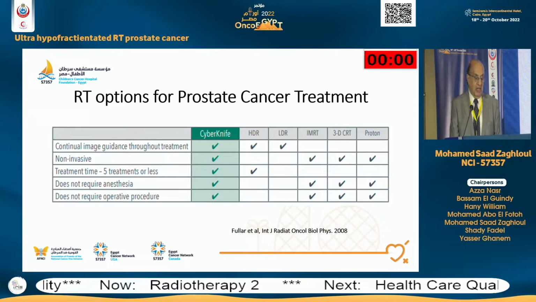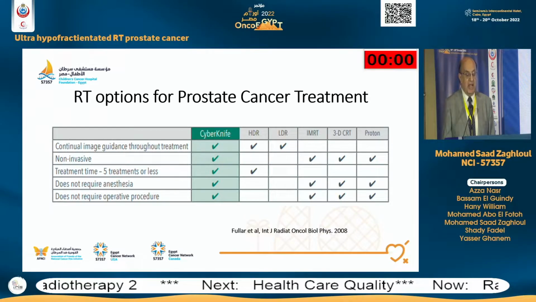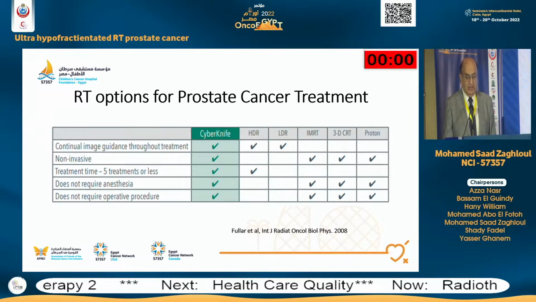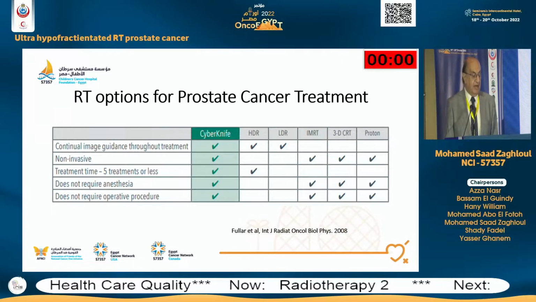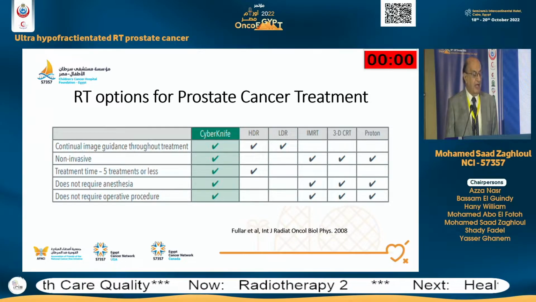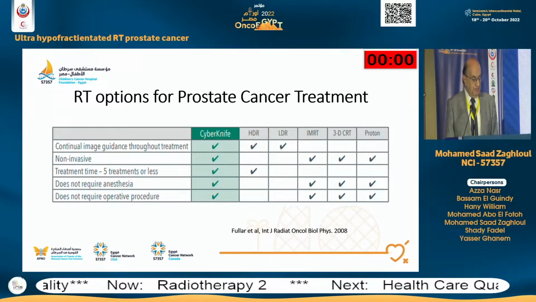If we compare the CyberKnife to the high-dose rate brachytherapy, the low-dose rate brachytherapy, IMRT, 3D conformal radiotherapy, and even proton therapy, we will find that the CyberKnife has 5 characteristics.